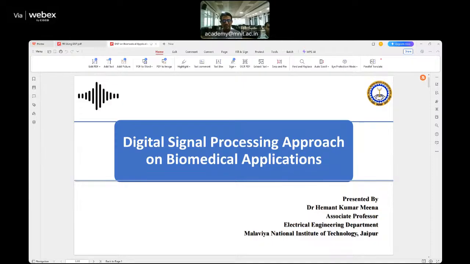Fortunately, she is also attending. So these are the three topics. The fourth one is image processing, going on side by side. It is not necessary that you must apply GSP everywhere; it is only one of the available approaches.